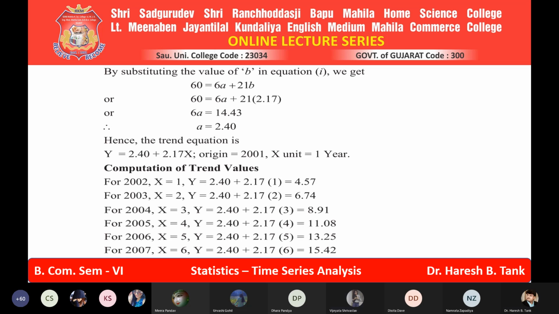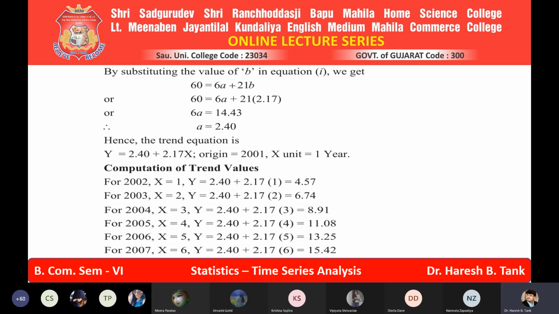Yes, sir. Okay. Now you could get the value of a and the value of b using this method of least squares. Substitute these values of a and b in the standard form of a linear equation where you started from. So y is equal to a plus bx was the standard form of a linear equation in which you have to substitute these values. So y is equal to the value of a.